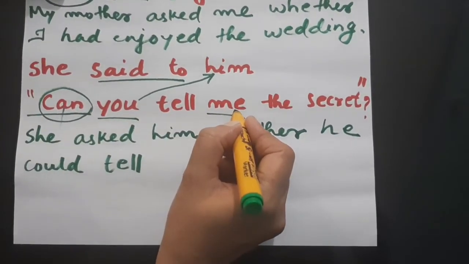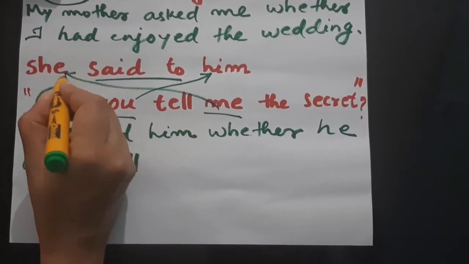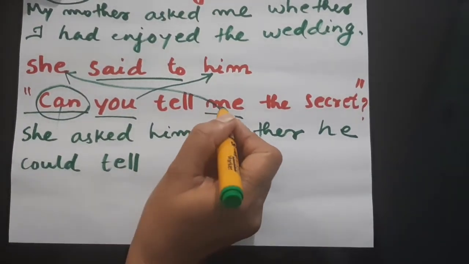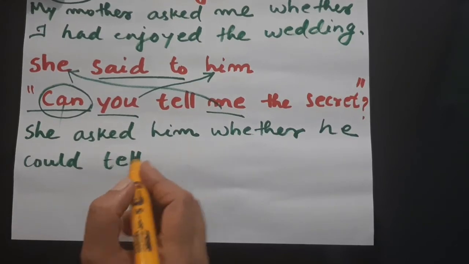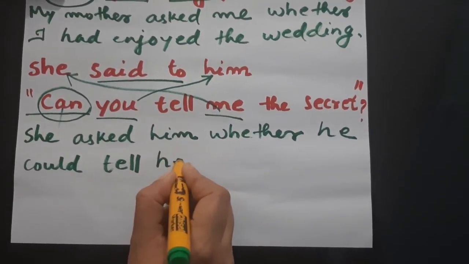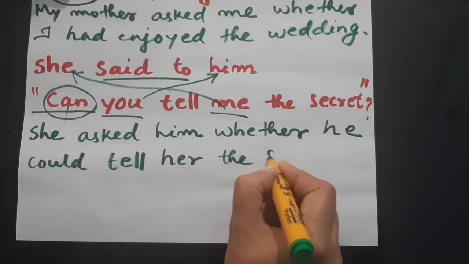Can you tell me? Me means actually who is here? That is she. She is asking the question, no? So me means she. So he could tell her the secret.